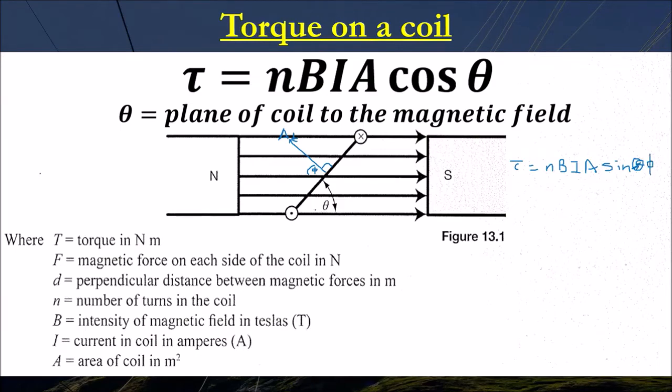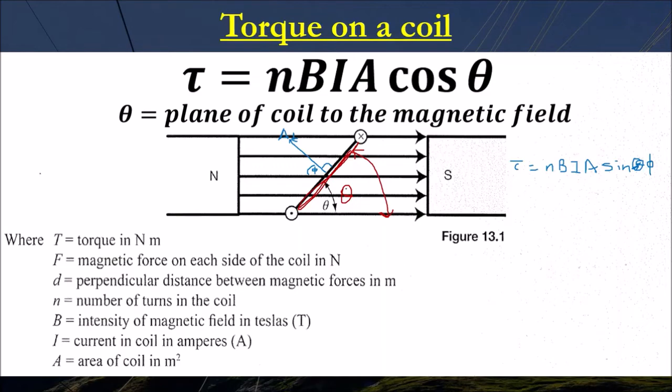Another way some people interpret the angle is the angle that the plane of the coil makes to the magnetic field. My plane of the coil is this whole section here. What angle does this whole thing make to the magnetic field? We can call this angle theta, or if you don't want to confuse the two, you can call one phi and one theta.